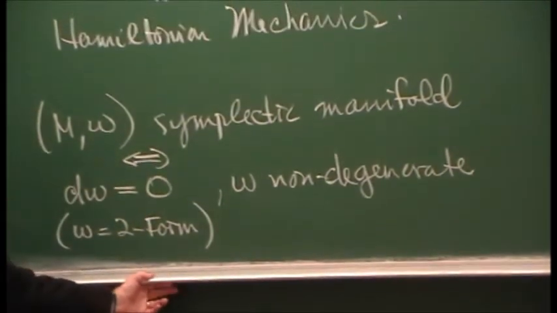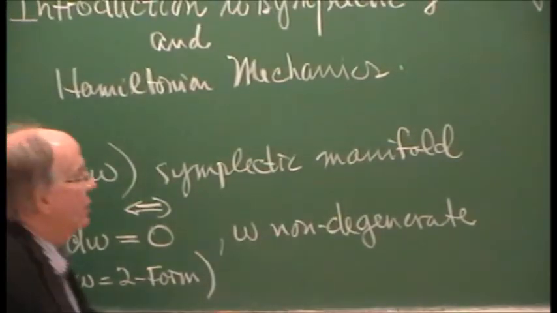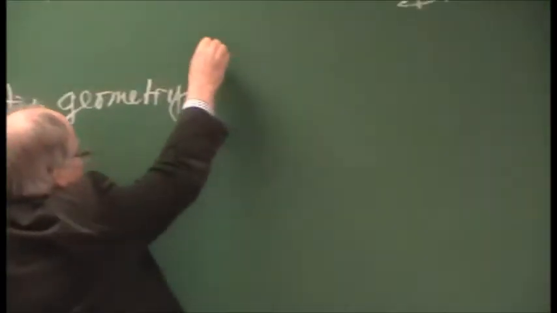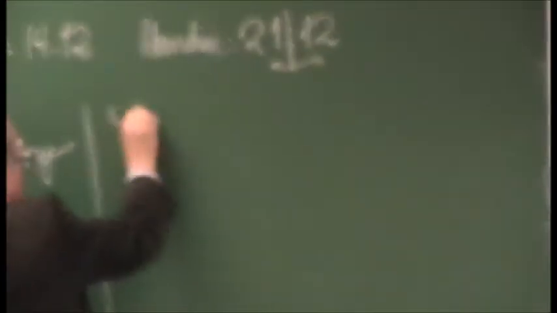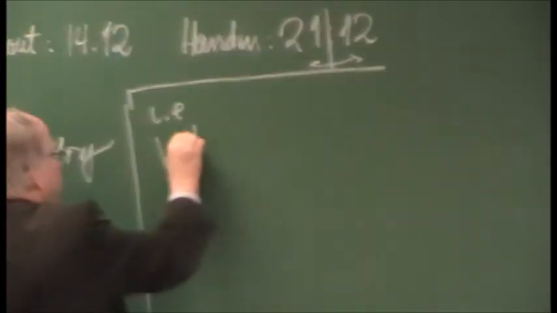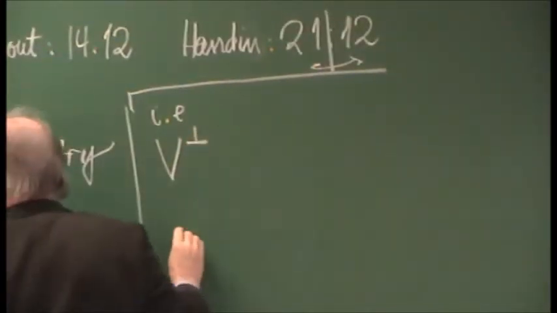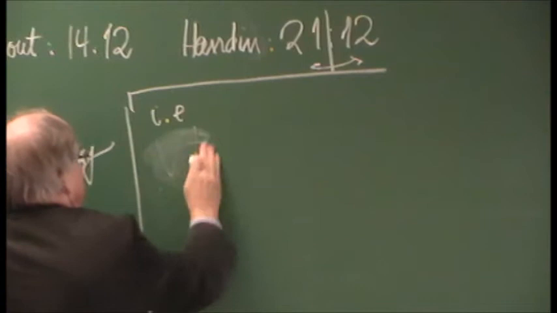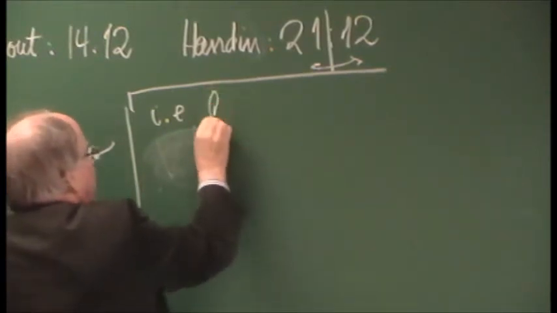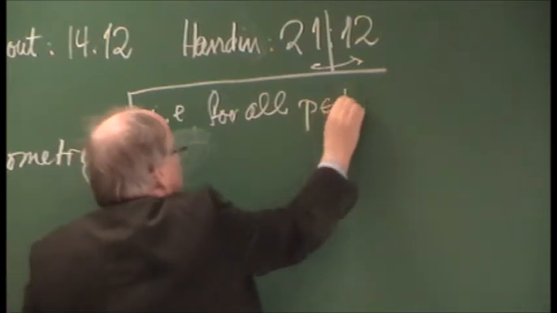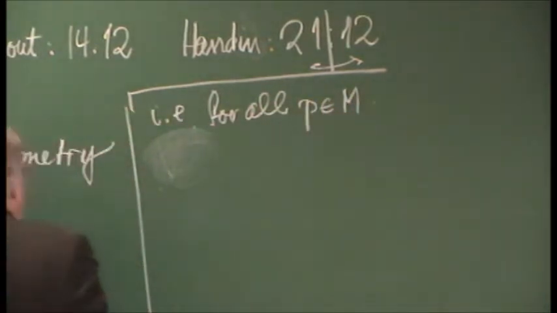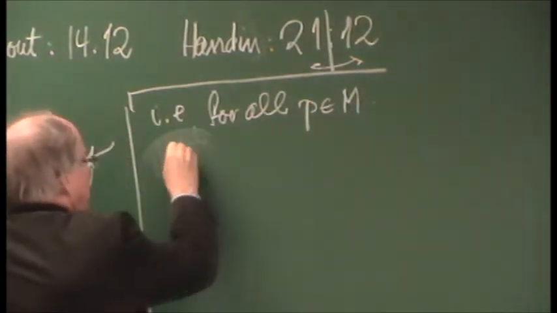Of course, you know what that means, but let me just remind you that there are several ways to think about it. One way to think about it is that all the vectors that are perpendicular to, so for all points in the manifold, the 2 form is the 2 form of the manifold.